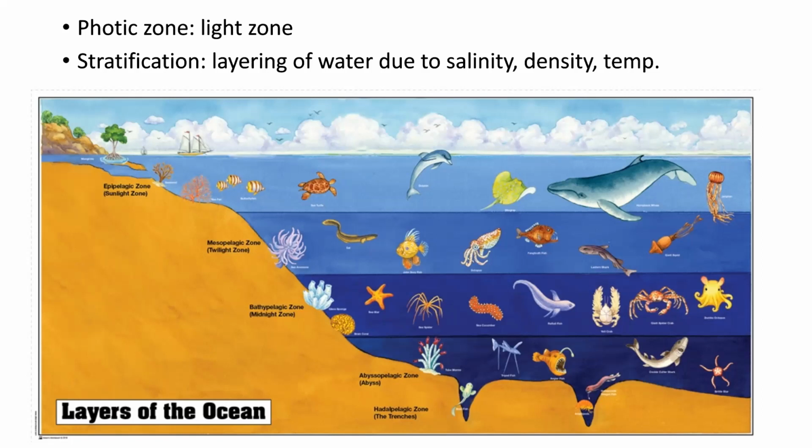So just like with the terrestrial biomes, a different environment is going to lead to different adaptations. The same thing's going to be true for these marine environments. Depending on where these organisms reside, we're going to see them ultimately adapt to best fit into whatever that environment's going to be.